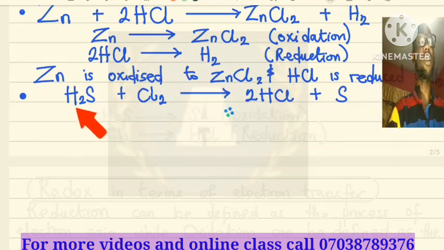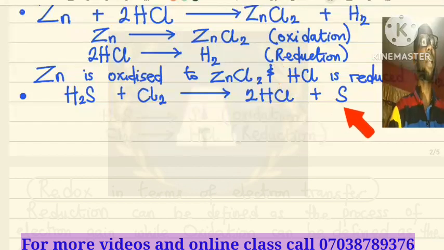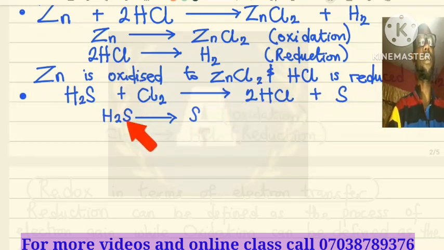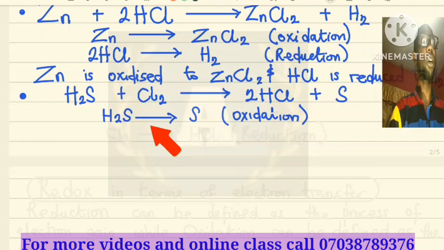Here, we have removed hydrogen from hydrogen sulfide and it forms sulfur, which makes this reaction an oxidation. Don't forget, we said oxidation is defined as the removal of an electropositive element.